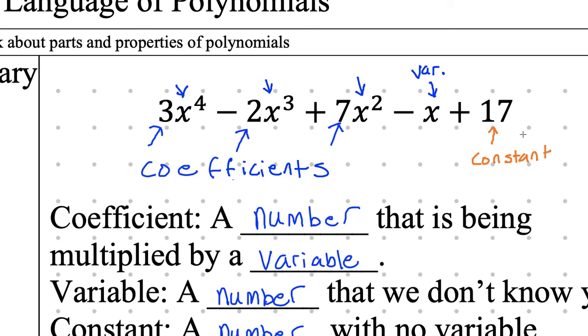One of the mistakes that I used to make is saying, oh, this 3 is a constant because it's a number. If I ignore the x to the power of 4, yes, it's a constant. But it is attached to x to the power of 4, so 3 is not a constant. 3 is only a coefficient. There's only one constant, and that's 17, because that is the only number that does not have an x next to it.